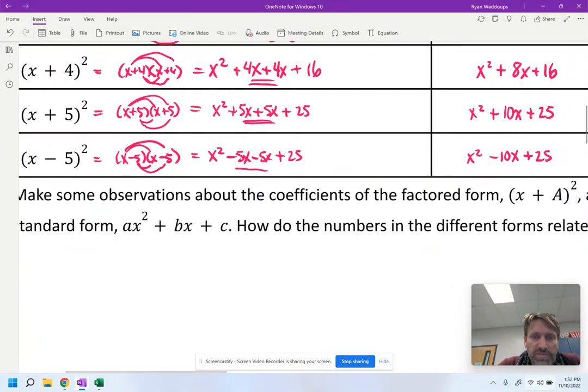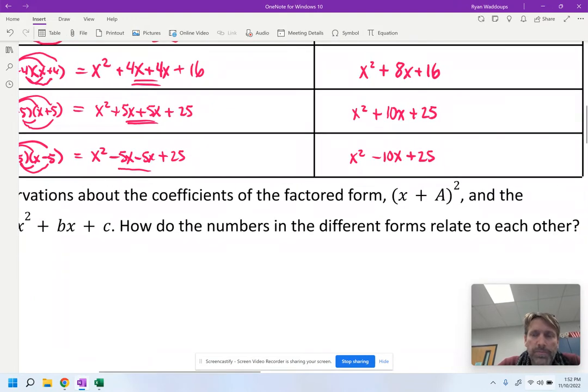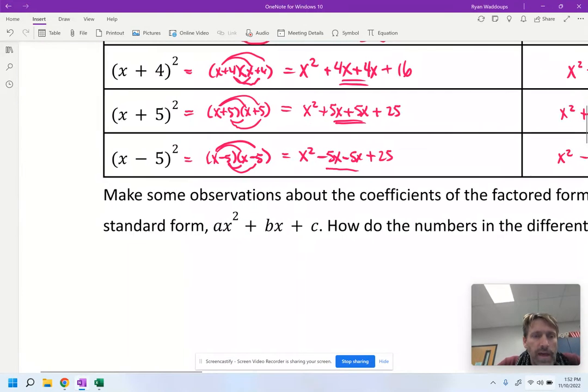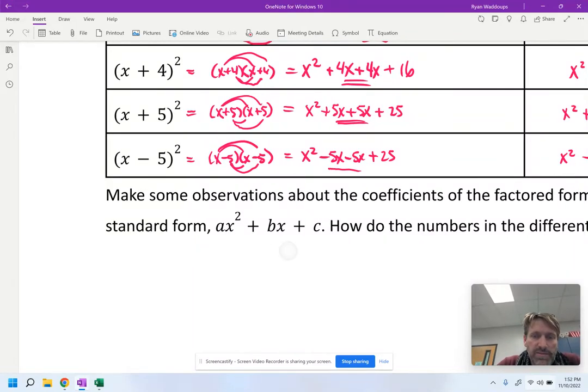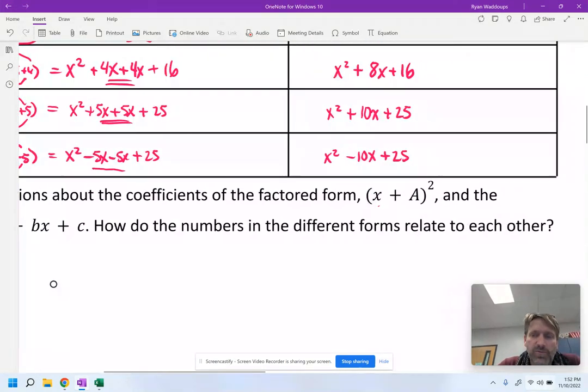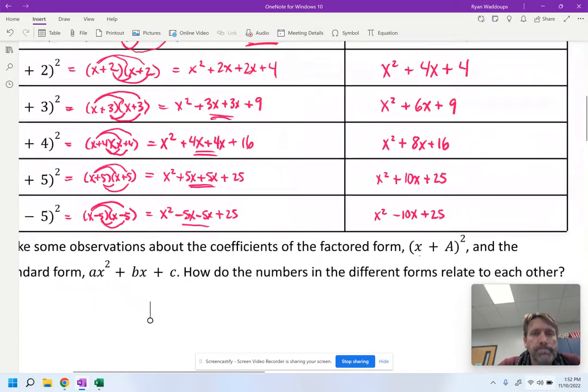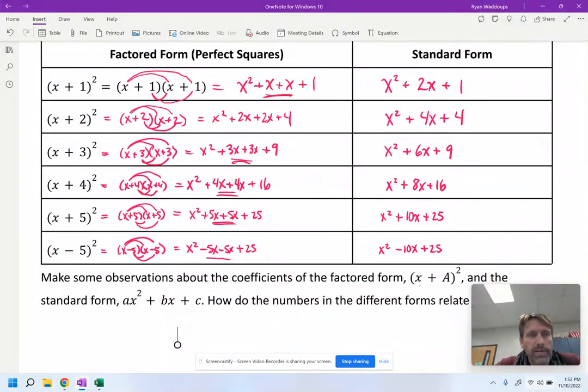All right, let's look. It says, make some observations about the coefficients of the factored form x plus a and the standard form ax squared plus bx plus c. How do the numbers in the different forms relate to each other? So think about that.